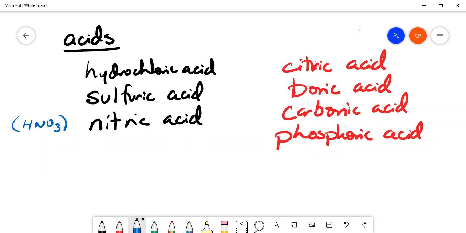Yep. What do we call that? HNO2 is the formula I got. What do we call that? That's the pattern breaker in how these acids are named. Okay?